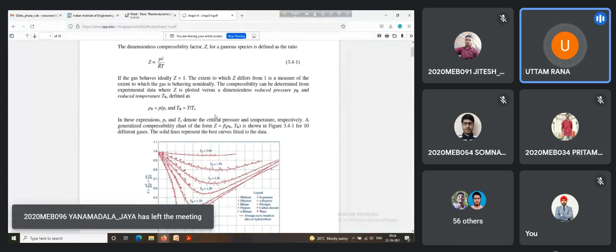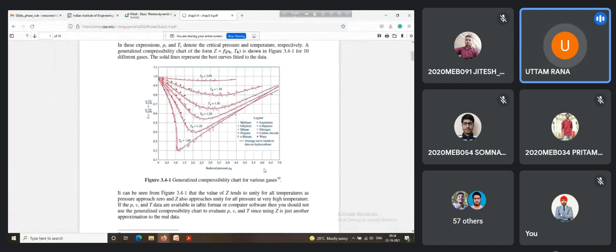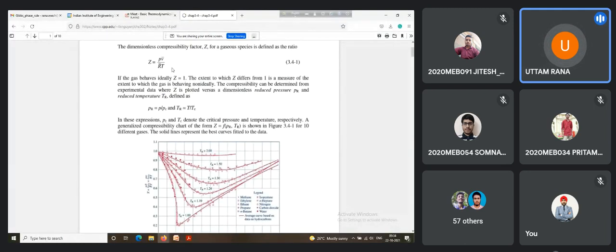Okay. So if we plot the reduced pressure and reduced temperature as the variables, we vary the value of Z with respect to the reduced pressure. For a particular pure component, PC is constant, so if you increase the pressure P, PR will keep on increasing.